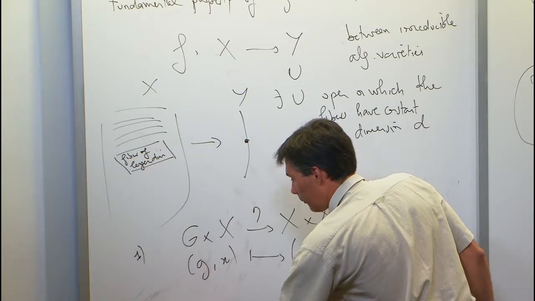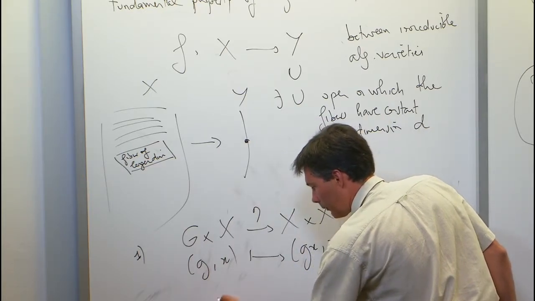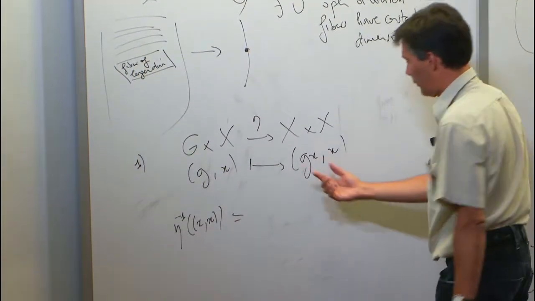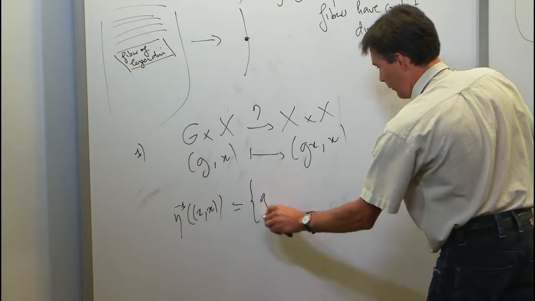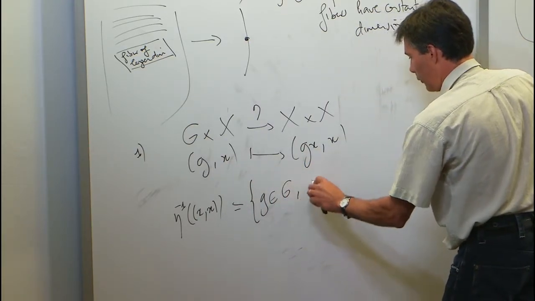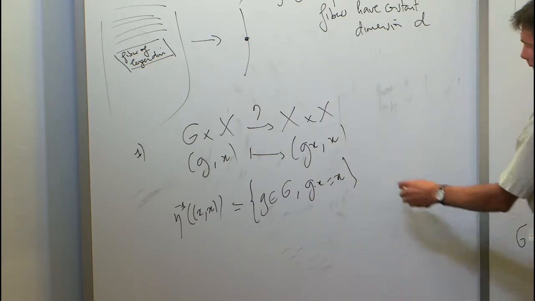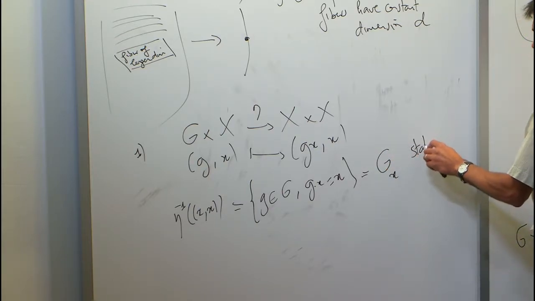And what is a fiber? So I want to look at a special fiber of a point x. What you want is to have gx equal x. So it's an element of the group such that gx is equal to x, which is denoted G_x, the stabilizer of x.